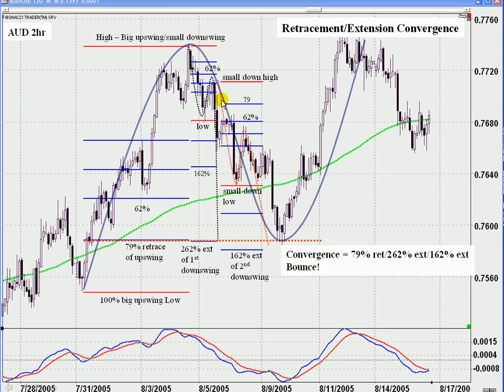Now on the next downswing, we have price swings down, retraces, and then extends down 162% of that downswing. So with the 262% of the first downswing and 162% of the second downswing, we're looking at price exhaustion at around this point. And we have a price exhaustion at the 79% retracement level.